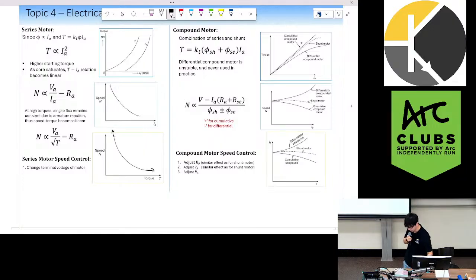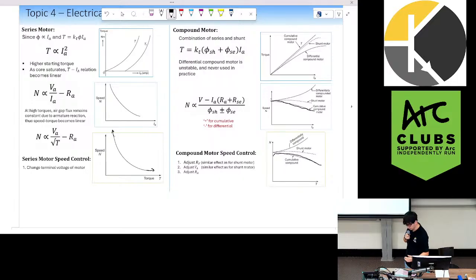Lastly, compound. If we remember, compound is a combination of shunt excitation and series excitation, and the benefit is that we get the best of both worlds. With the shunt characteristic, we have relatively constant speed across different torques, if we look here.